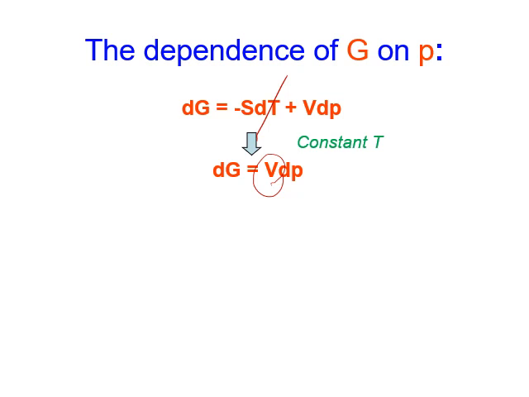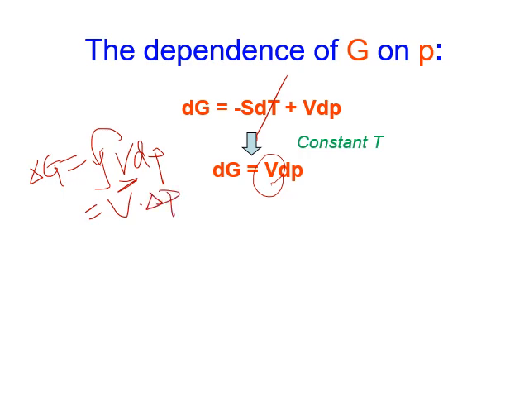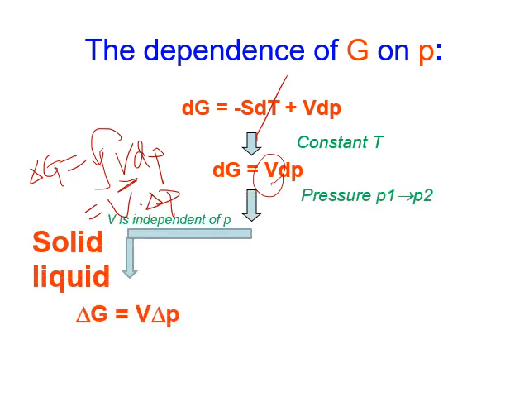For a measurable pressure change, you integrate Vdp, but V is constant, so you move it out of the integral and get V times delta P. So for solid and liquid, the Gibbs energy change due to the pressure change can be simply calculated by volume times pressure change, delta P.